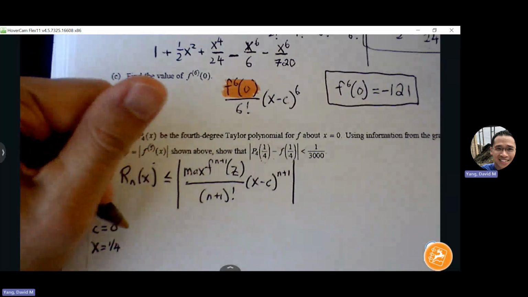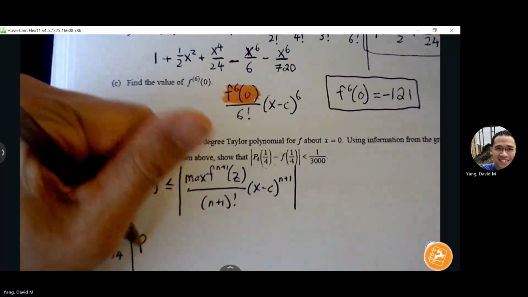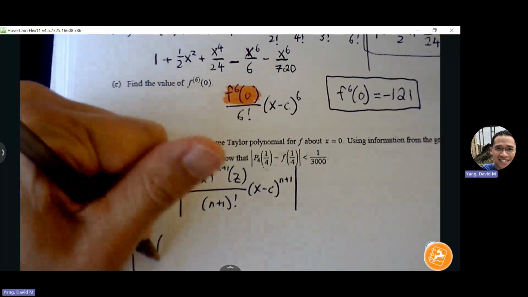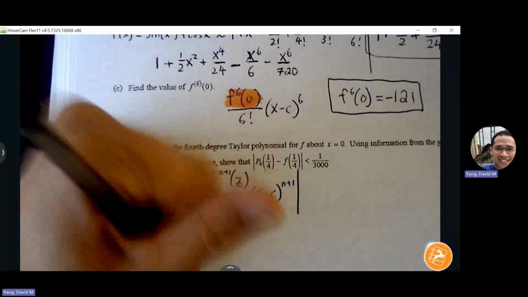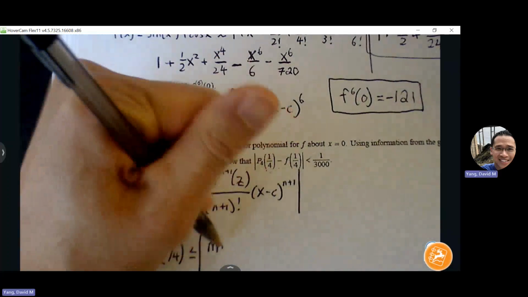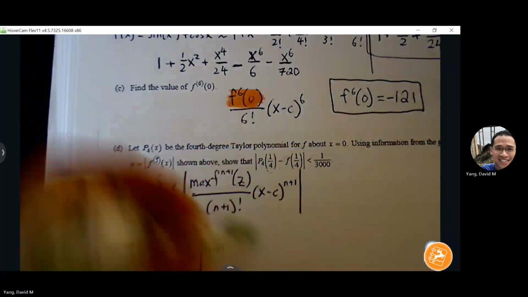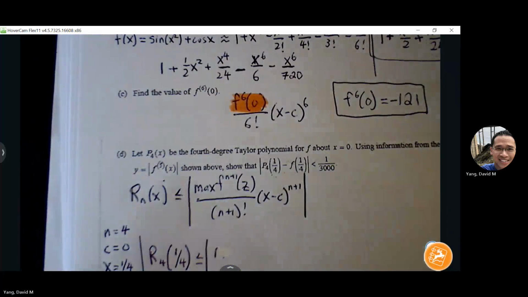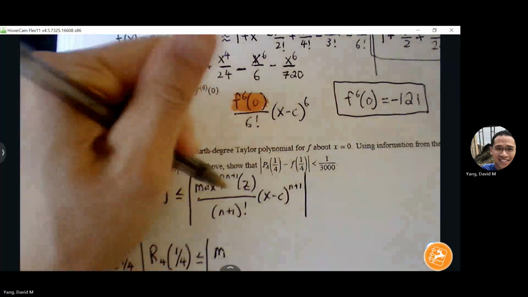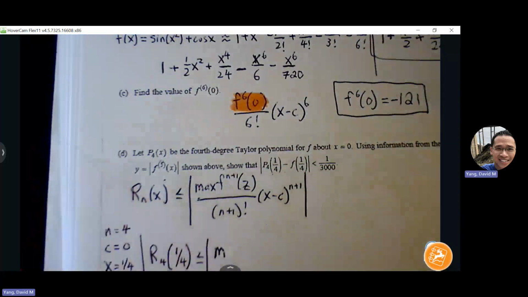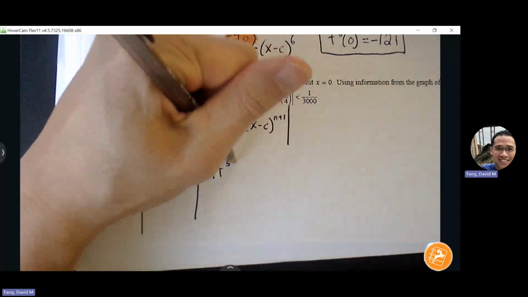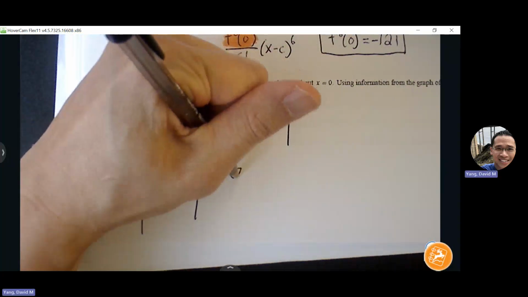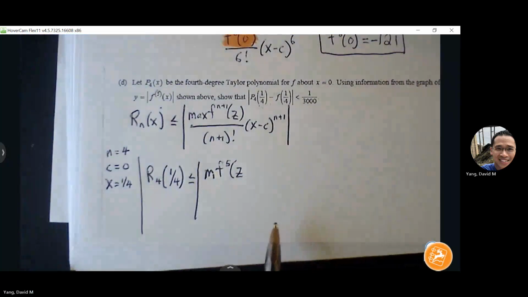Okay, so set everything up here. R sub 4 of 1/4 is less than or equal to the maximum, sorry. Which derivative do we want to look at? Fifth derivative. Must be less than, because the problem says less than. Oh, sorry.